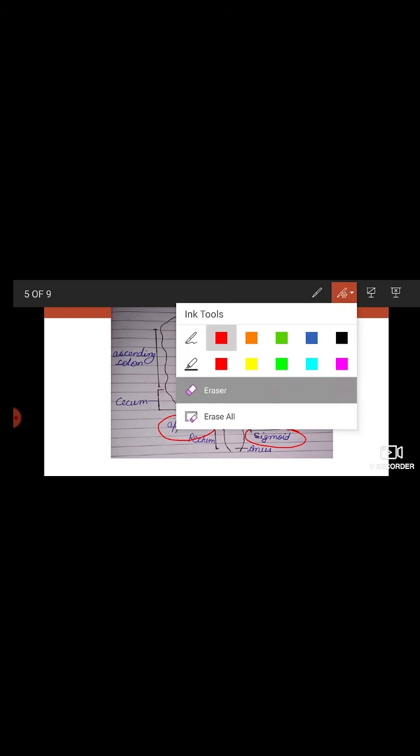Here in the diagram also you can see the ascending colon, transverse colon, descending colon, and sigmoid colon.